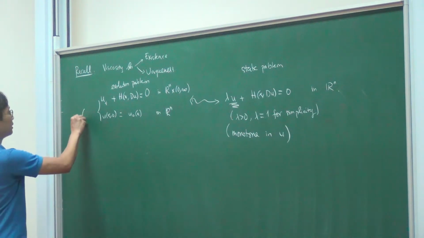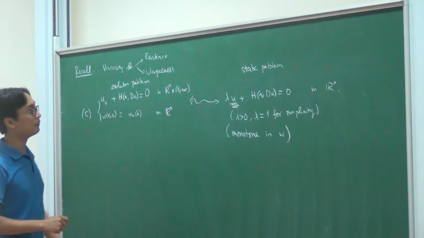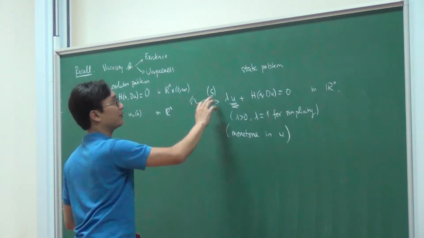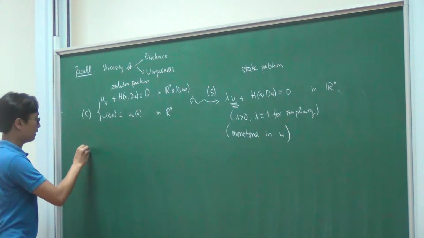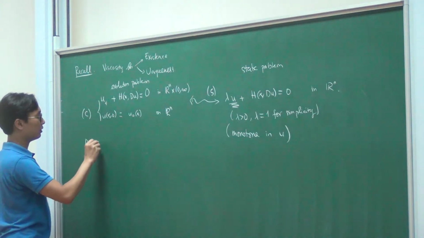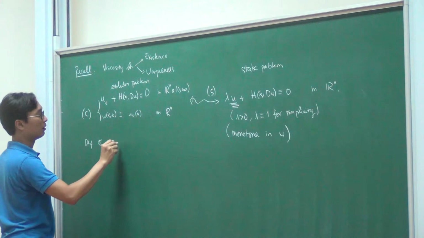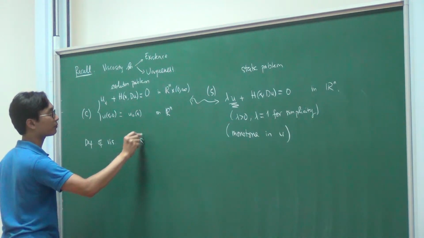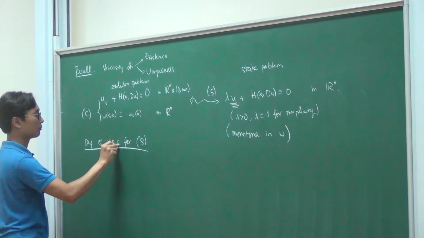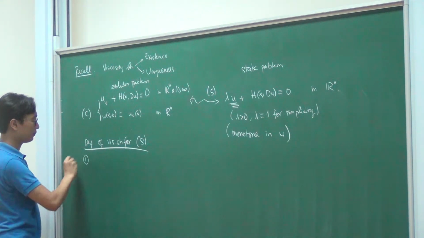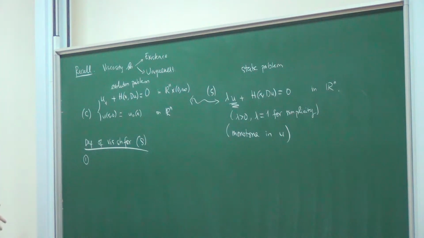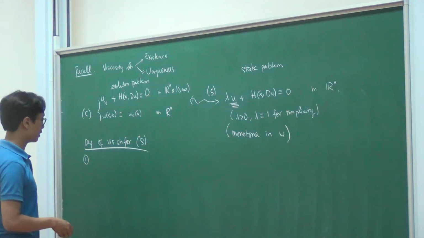Let me call this one C, which stands for Cauchy problem. It's not a good name, but let's say S stands for static problem. So, definition of viscosity solution for S. You can deal with semi-continuities and stuff like that, but I'm just going to restrict myself to continuous functions.